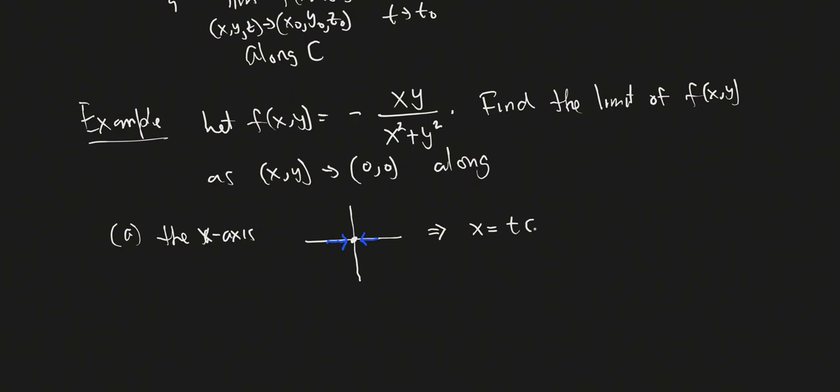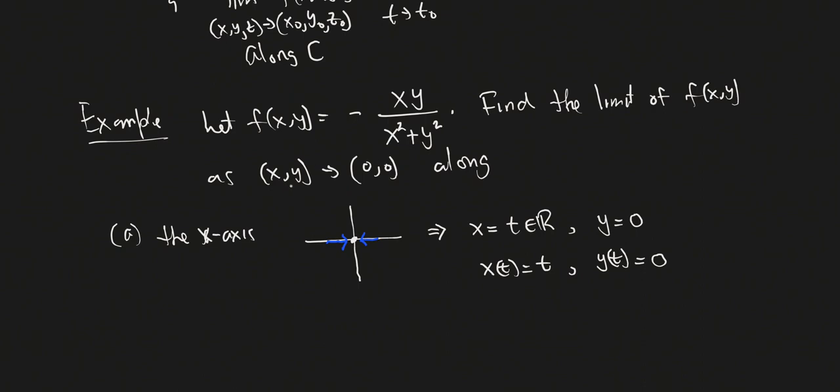And then y would have to be equal to 0. So here are the two equations that we're going to work with. Our x of t is equal to t, and our y of t is equal to 0, right? So two simple equations to work with.